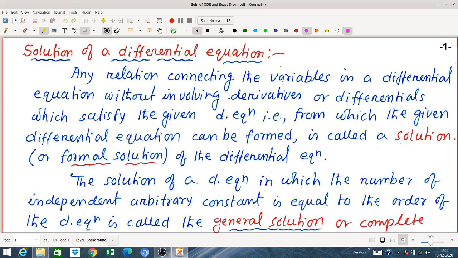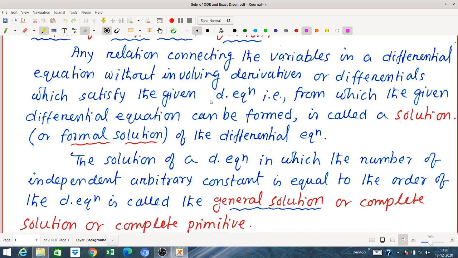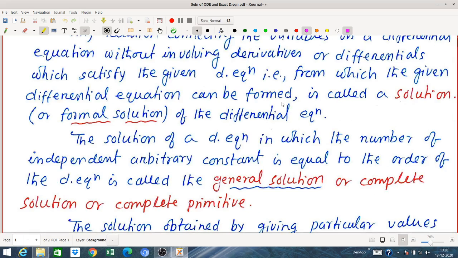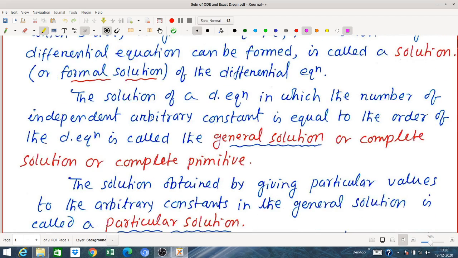So the definition of solution is written: from it you can form the differential equation by differentiating, etc. That is called a solution of the differential equation, or usually a formal solution.